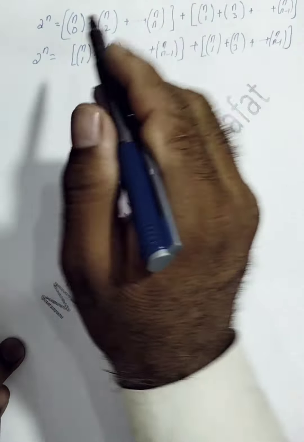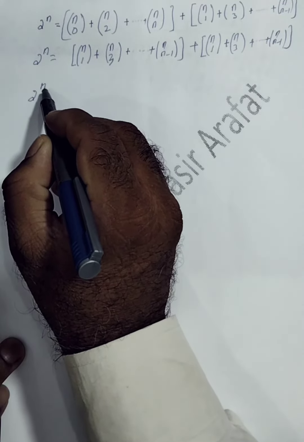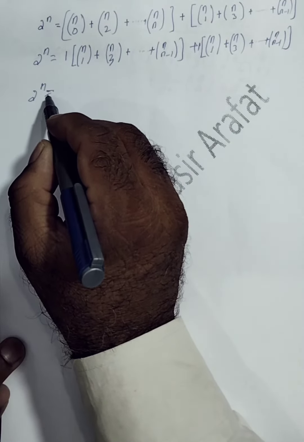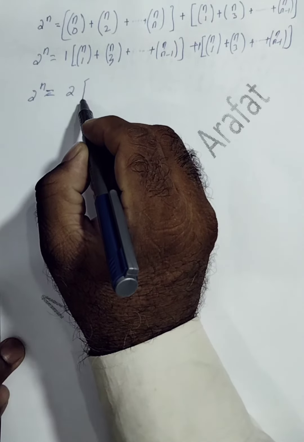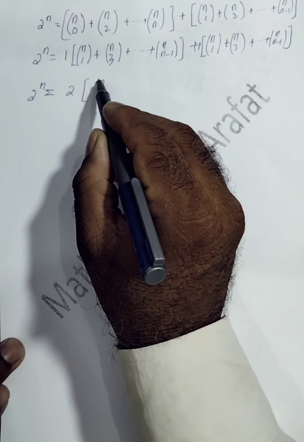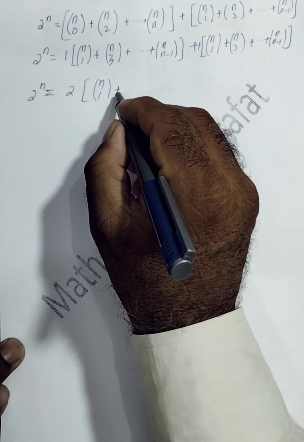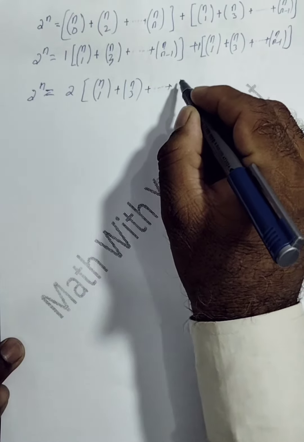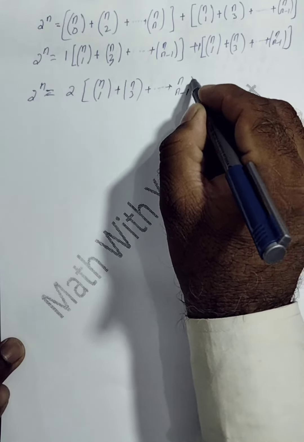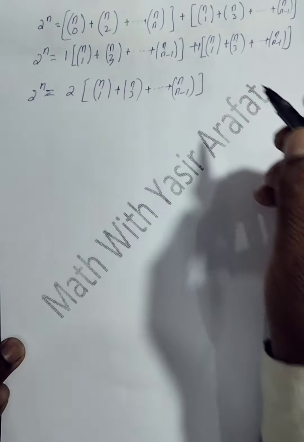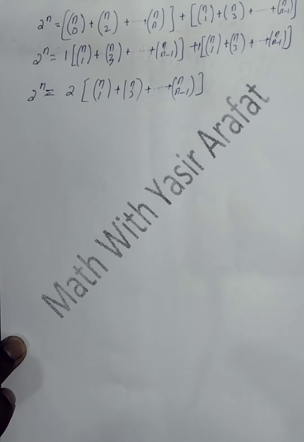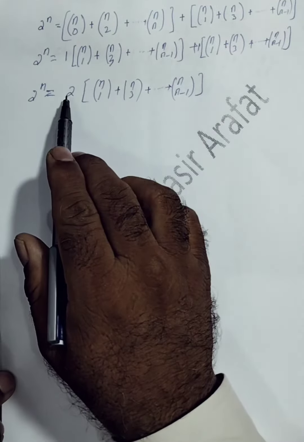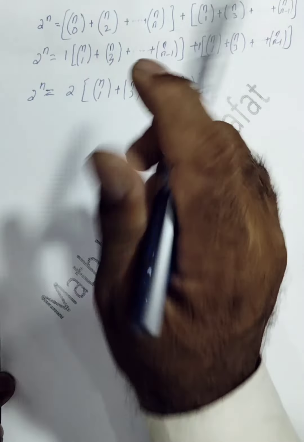So when we sum these two to each other, this is the coefficient of 1 and this is the coefficient of 1, so it becomes 2 times nC1 plus nC3, and so on, up to nC(n-1). So 1 plus 1 is 2, the same amount.